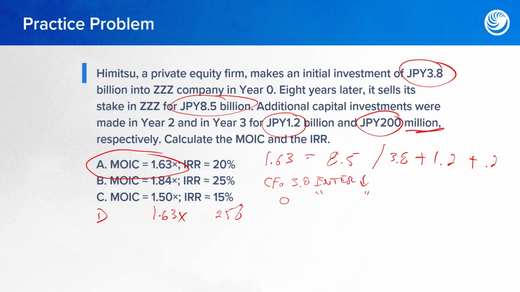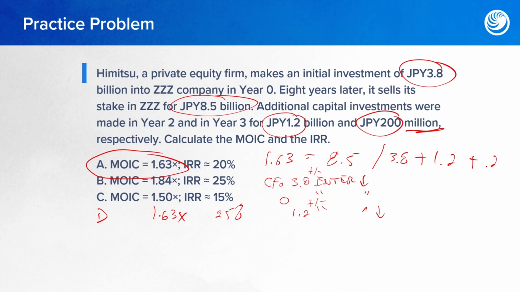Now you're going to see CF2. For CF2, you have a cash flow of, what do we got here? 1.2. And again, we'd understand it's in millions. And you go enter and then down arrow. But one thing we do need to be mindful of is that, unless you can keep your ducks in a row, technically you should go 3.8 plus-minus, because that's a negative sign, and then 1.2 plus-minus.